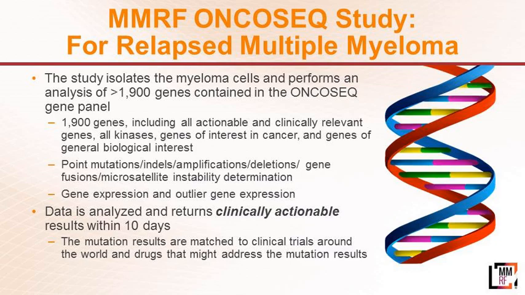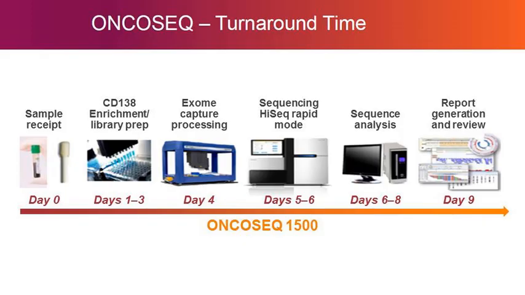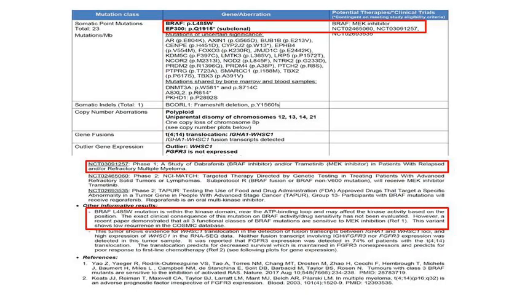So this is kind of how it works: we get the bone marrow, isolate the plasma cells, and we're able to do the DNA and sequencing studies. Then the supercomputer, which is not a laptop, it's a little more complicated than that, goes through the sequence analysis, and a report comes out. This is one of my patients' mutation analysis.